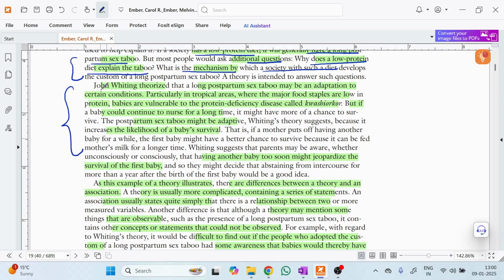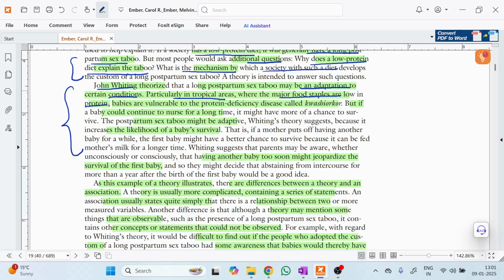To answer it, John Whiting, the same anthropologist who found the statistical association between low protein diet and long postpartum sex taboo, theorized that this may be an adaptation to certain conditions, particularly in tropical areas where major food staples are low in protein.